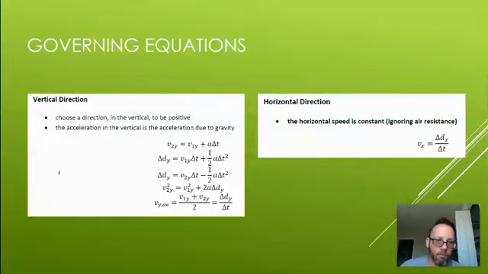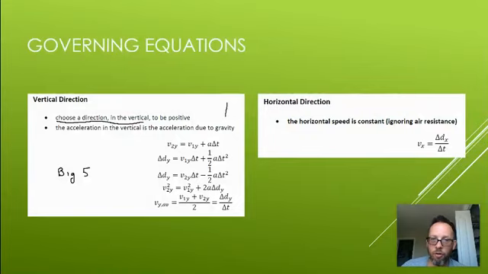You'll notice it's our big five with y subscripts to indicate that these are all displacements, accelerations, speeds, and velocities in the y direction. Just like we did in our earlier review, you'll often want to choose a direction in the vertical to be positive, and it doesn't matter which direction you choose. You just have to be consistent.